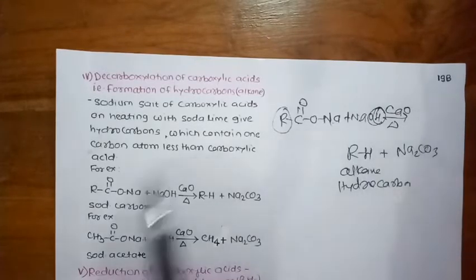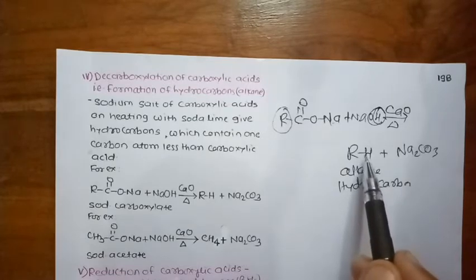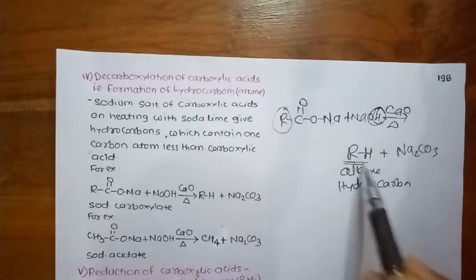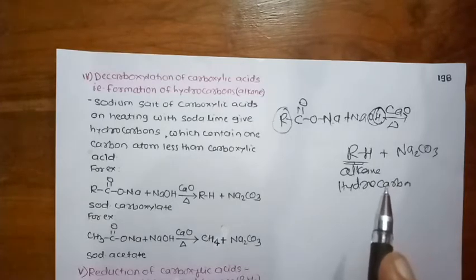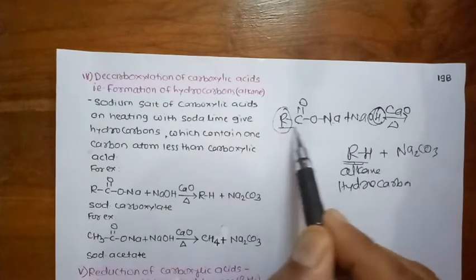In this way, when the sodium salt of carboxylic acid is heated with soda lime, it gives hydrocarbons. The peculiarity of this reaction is that the obtained hydrocarbon contains one carbon atom less than that of the carboxylic acid salt.